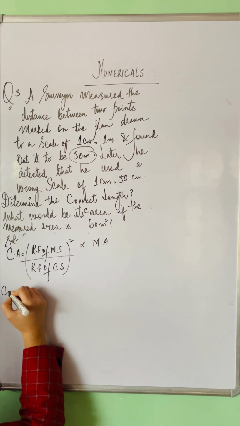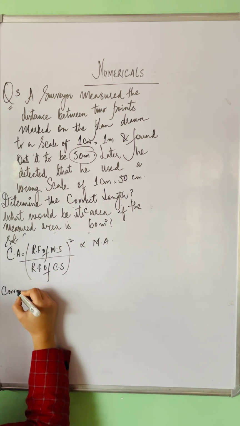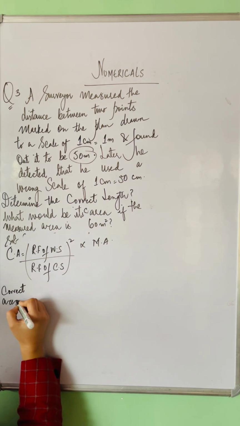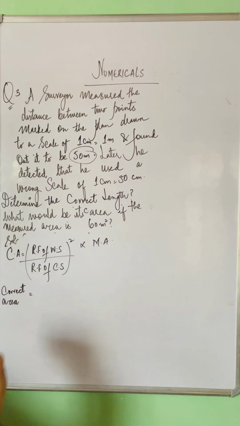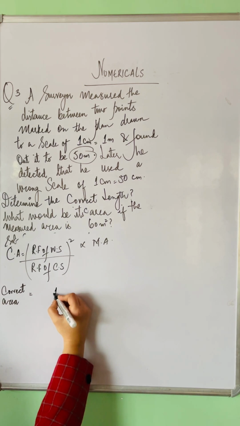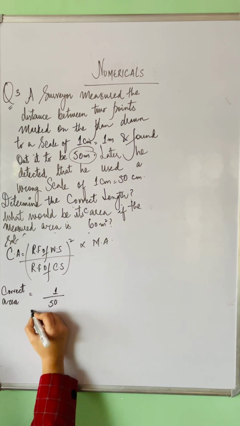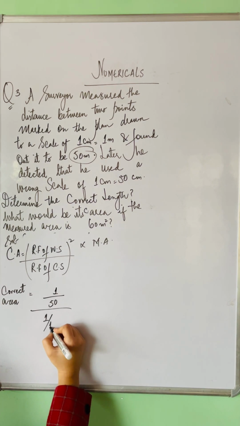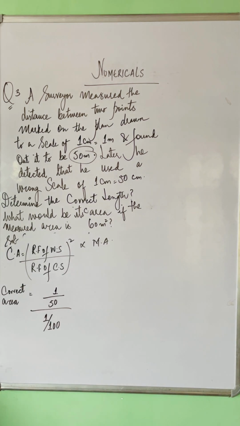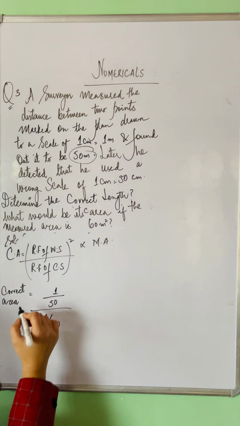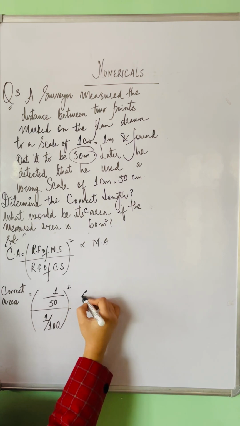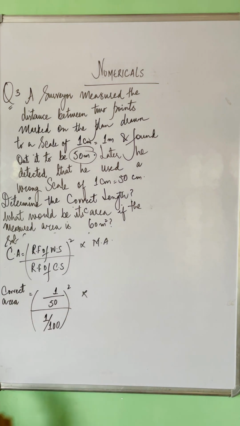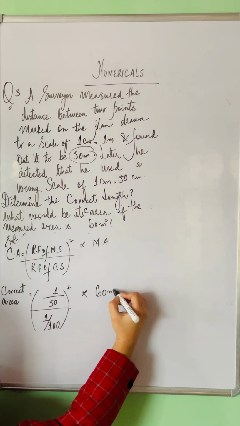So the correct area, please do not confuse yourself. What is the representative fraction of the wrong scale? 1 by 50 divided by correct scale representative fraction 1 by 100. Right? Square of it multiplied by measured area. How much is the measured area? 60 meters square.